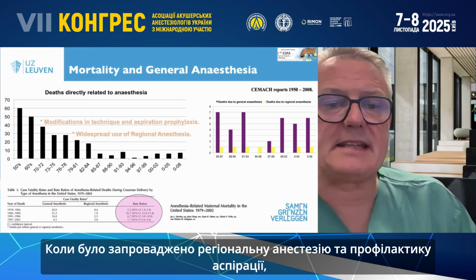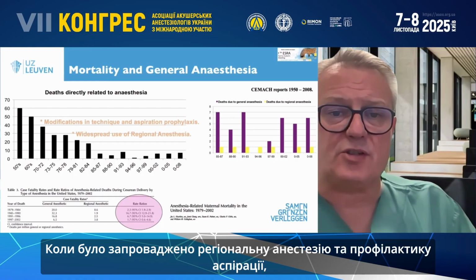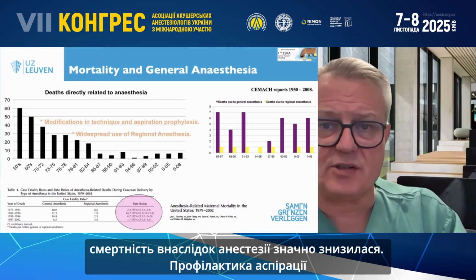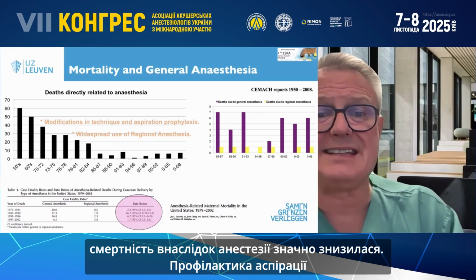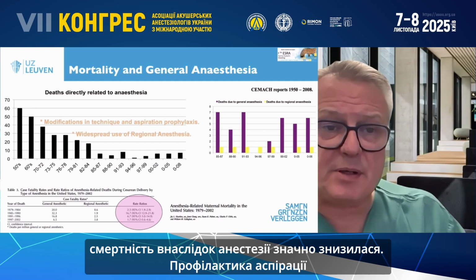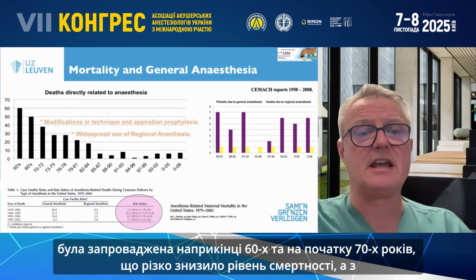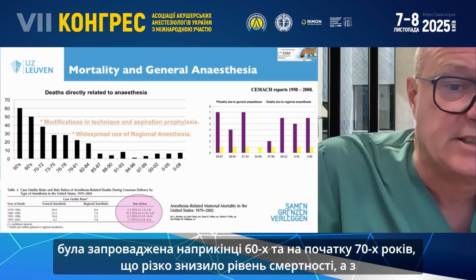When regional anesthesia was introduced and when aspiration prophylaxis was introduced, the mortality as a result of anesthesia was significantly decreased. Aspiration prophylaxis was introduced in the late 60s and early 70s, dramatically reducing mortality rates.